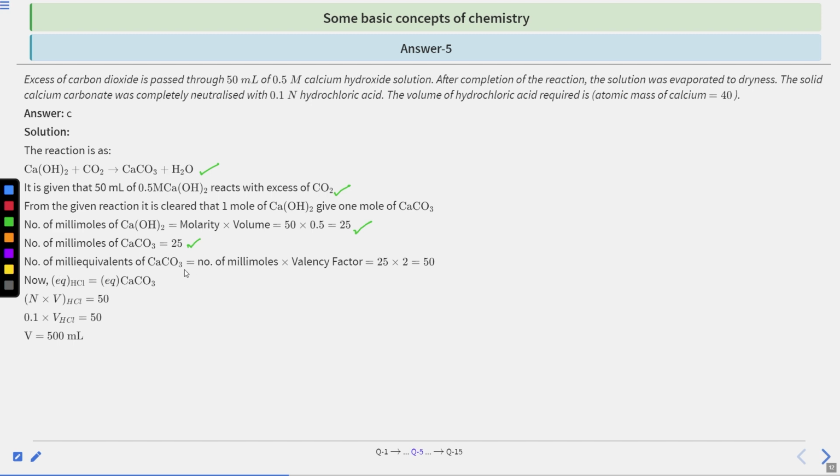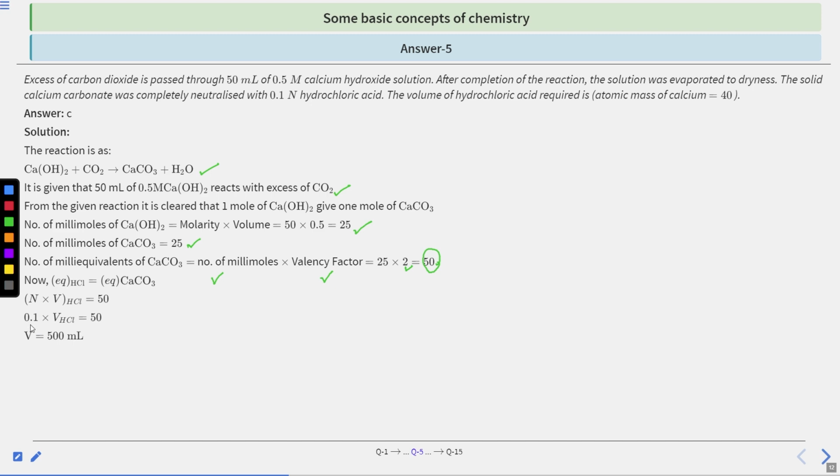Number of milliequivalents of calcium carbonate will be number of millimoles multiplied by the valency factor. And the valency factor for calcium carbonate will be 2. So the total comes out as 50. Now equivalent of HCl will be equal to equivalent of calcium carbonate, and equivalent will be normality into volume of HCl, which will be equal to equivalent of CaCO3, which is 50, as we have calculated here.